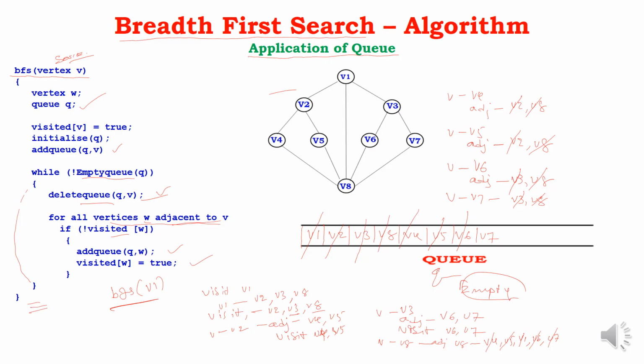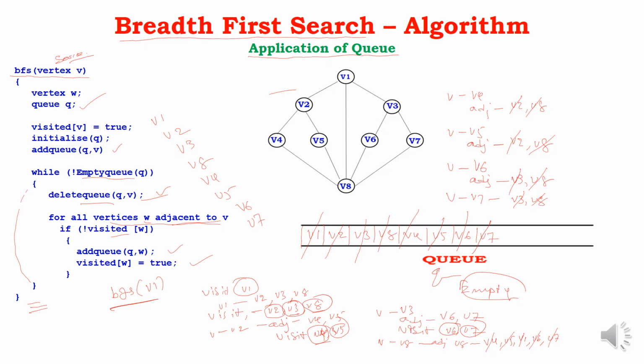So the sequence we have visited is V1, then visit V2, V3, V8, then visit V4, V5, then V6, V7.